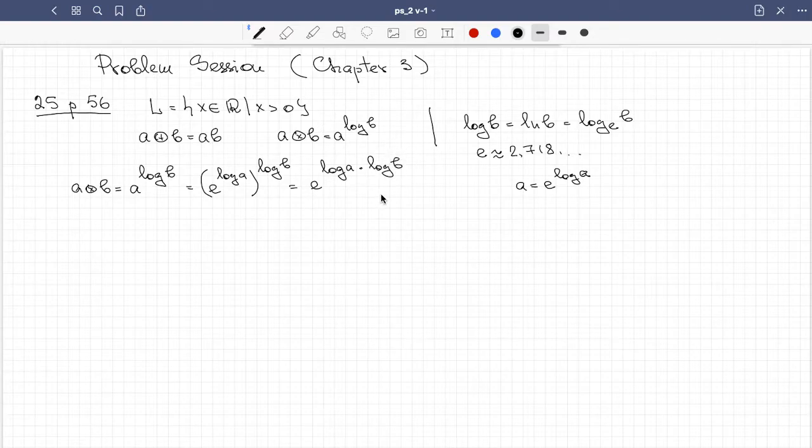And now it looks much better. It is symmetric in A and B.